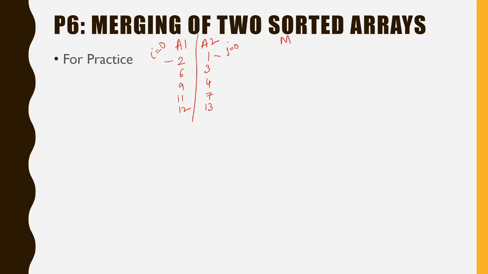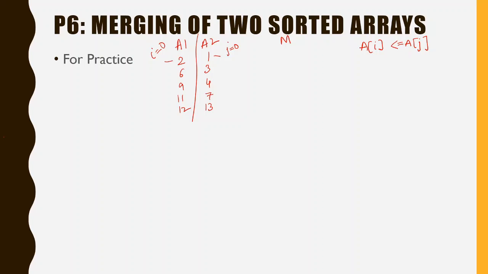And for this particular thing, you compare whether ai is less than aj. You can also take the less than or equal to condition, because if both of the elements at the first index are the same, you have to choose any one of them, right?